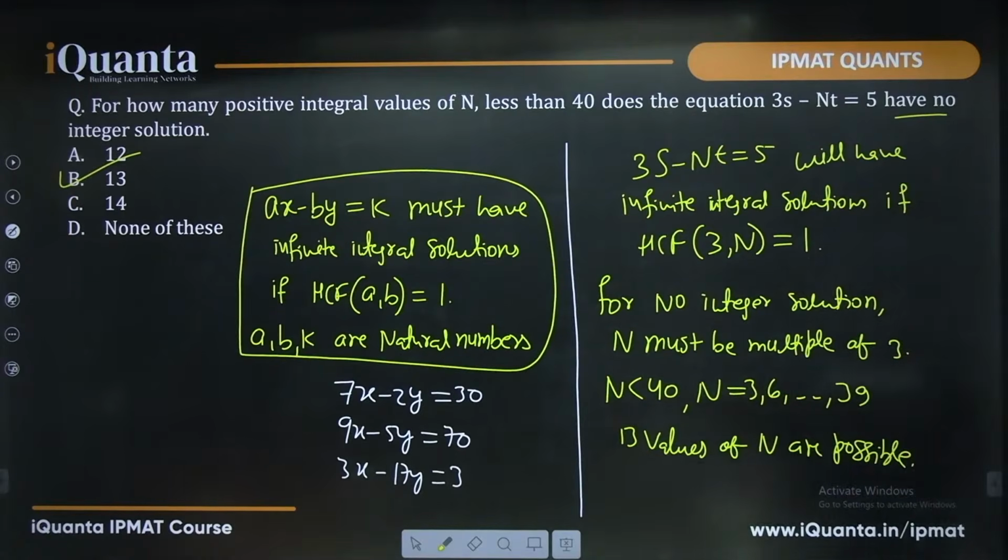All right. Everyone was getting 14 or option D, but the correct answer is option B, guys. You know, Achala got this correct. Achala, we can also take 3. We can also take 3 as well.